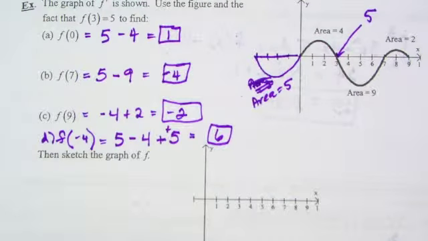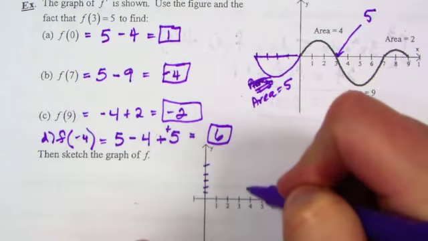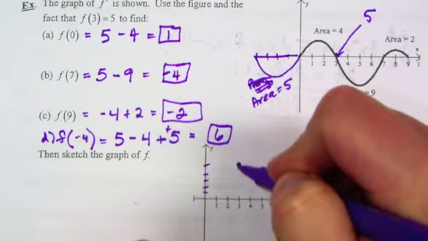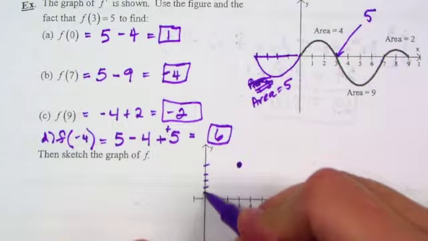For the graph, are we doing these straight lines? No. Okay, so let's see. I know at 3 I have a y value of 5. I know at 0 I was at 1.